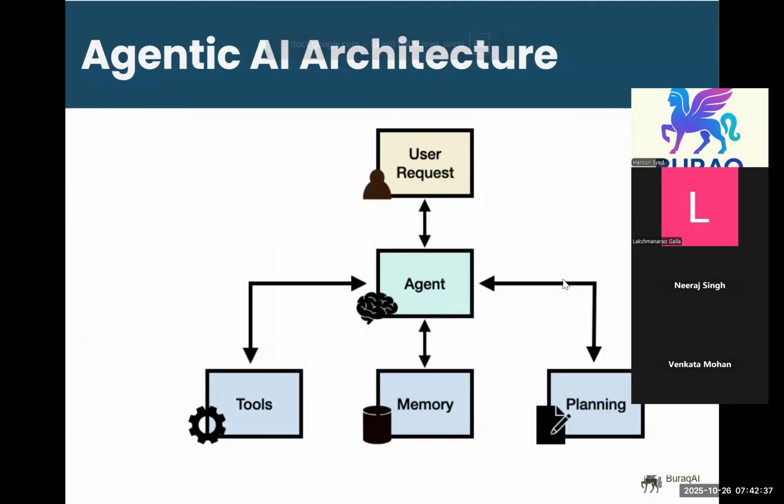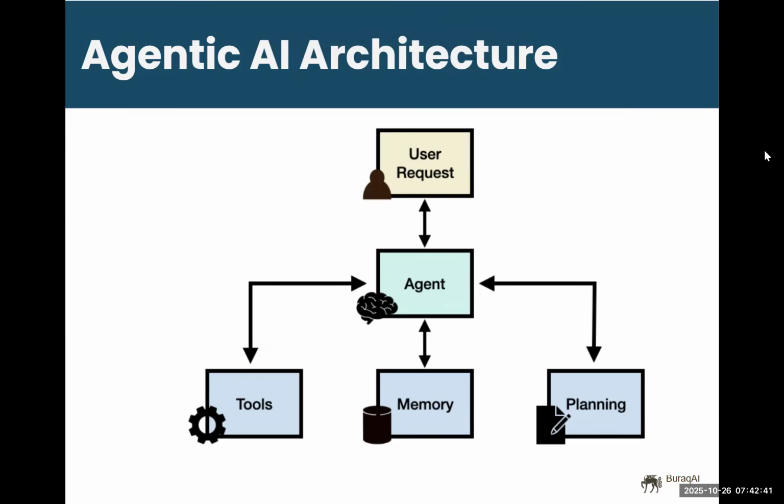We were talking yesterday about this, so we are comfortable with this, right? What does an agent consist of? At a very basic level, an agent has an LLM, which is the brain.